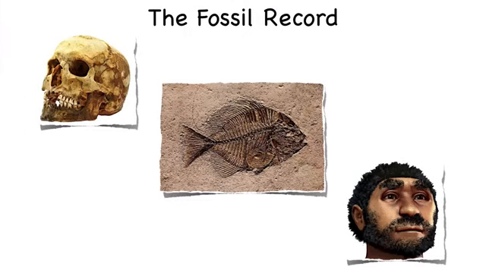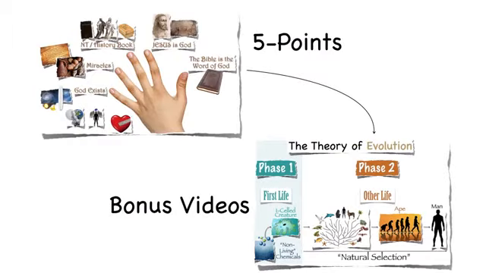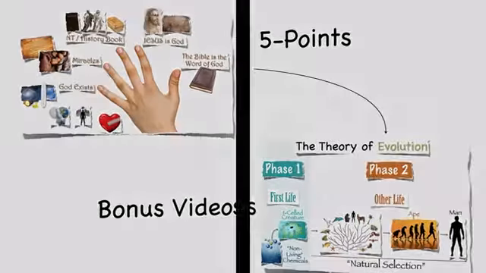And of course, we'll discuss the fossil record that we hear so much about. Now keep in mind this is just a tiny sampling of the many slides, images, and illustrations we'll be using. Again, those bonus evolution videos will be at the end of this Apologetics Made Easy course.